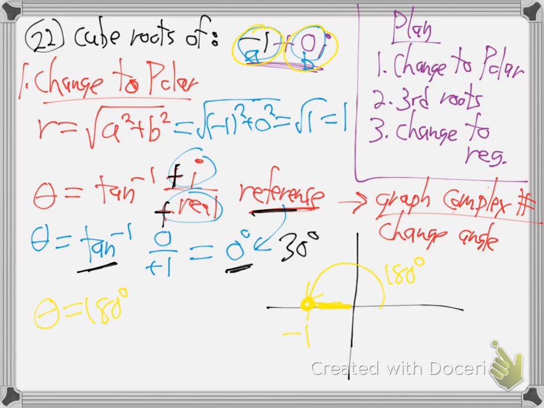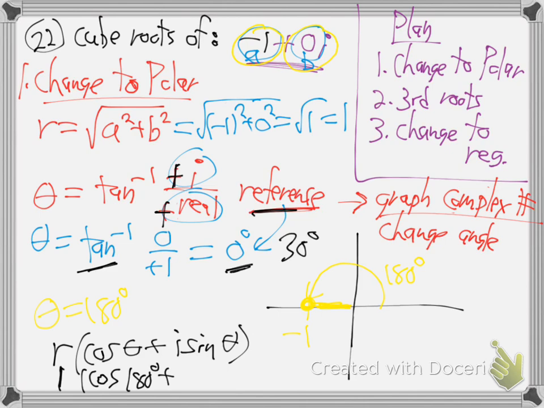Remember how to write the polar form of the thing? It's always r on the outside, cosine of the angle, plus i sine of the angle, polar form. So the r is 1. Cosine of 180 plus i sine of 180.